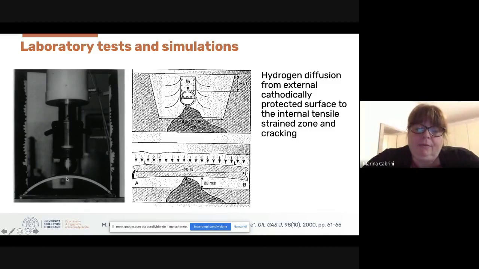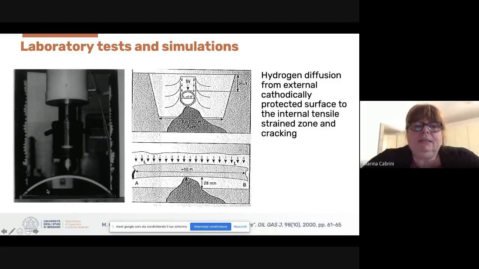Now we have hypothesized that hydrogen does not permeate through the pipe in a transversal mode, because in this condition there is a compressive stress, and under compressive stress the hydrogen diffusion is obstructed by the applied stress.